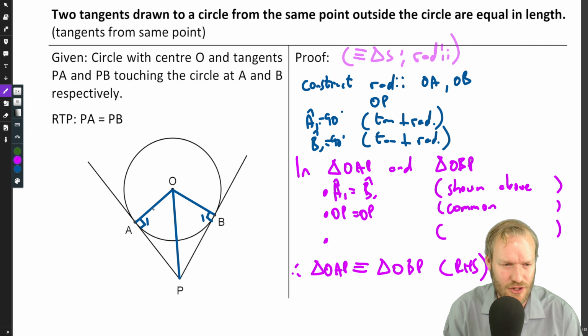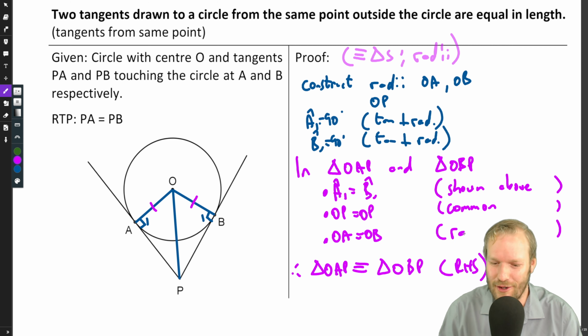And the other side we can show is that OA and OB are equal to each other because they are both radii. Therefore the two triangles are congruent. If they're congruent, they're the same in every manner, so this side must equal this side. Therefore, PA must equal PB.